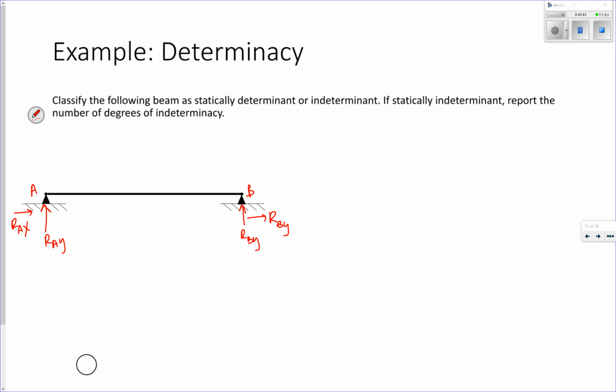So how many reactions is that? 1, 2, 3, 4. R equals 4. That's my number of reactions. How many parts do I have? Just one, right? It's just one beam. N equals 1.